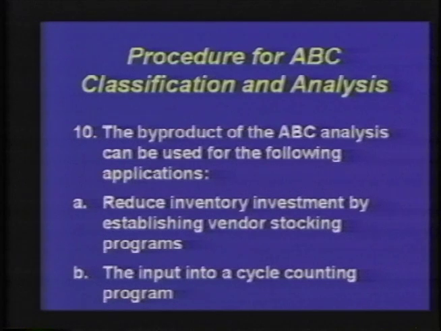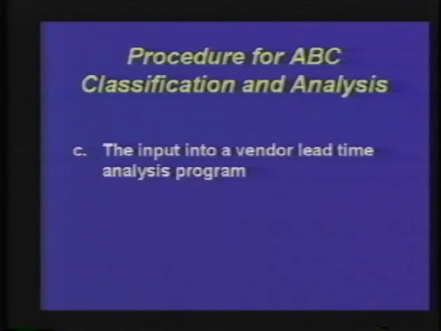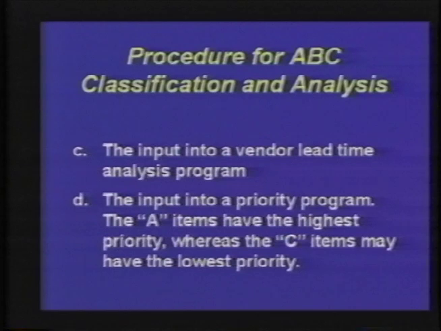The second major byproduct is the input into cycle counting. The third major byproduct, especially on the A items and some of the critical B's and C's, as they appear on the cycle counting program, purchasing can get a copy of that report to verify the accuracy of vendor lead time.